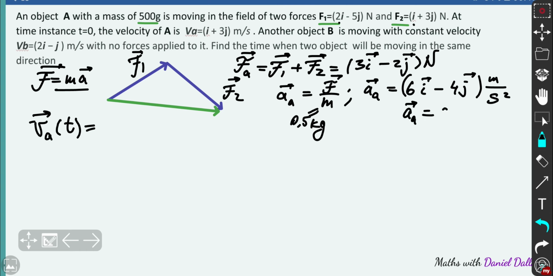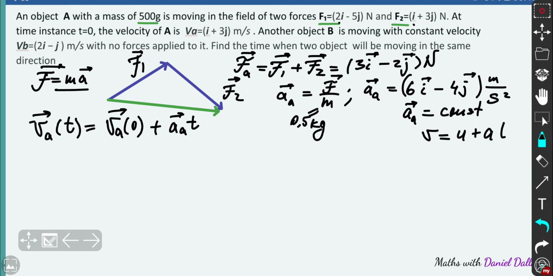So we'll have the following form: VA at time 0 plus the acceleration of particle A times time. Make sure you remember this. You might remember it from physics, and I encourage you to memorize it: v = u + at, where u is the initial velocity. This is the vector equation, or you can break it down by components if you like.